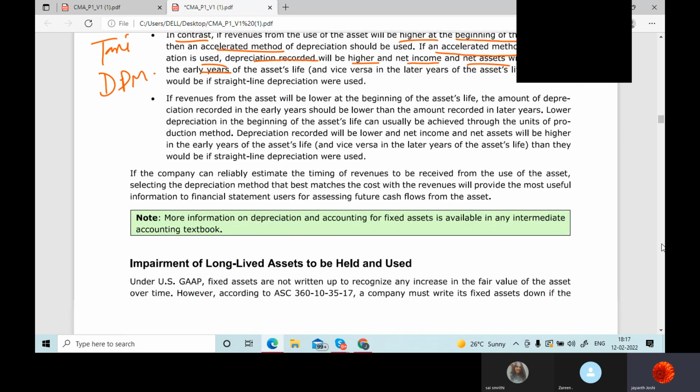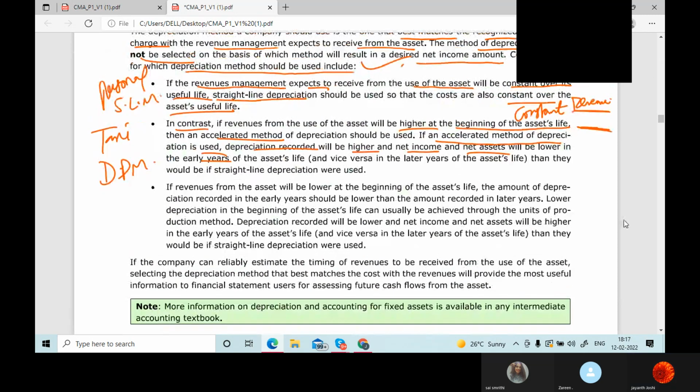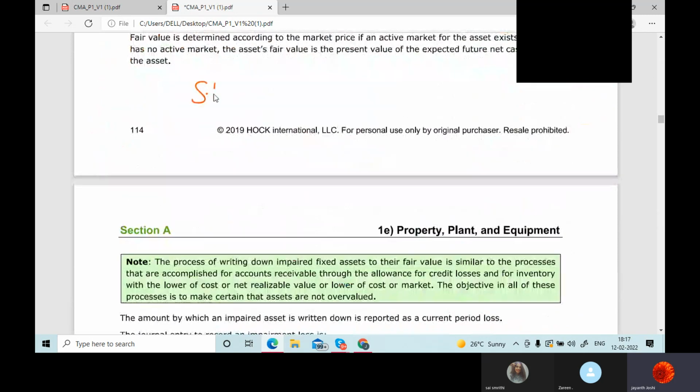For example, if I take straight line and double declining method, here 10,000 is my depreciation, here my depreciation will be 20,000. So here my income will be less during the early years.